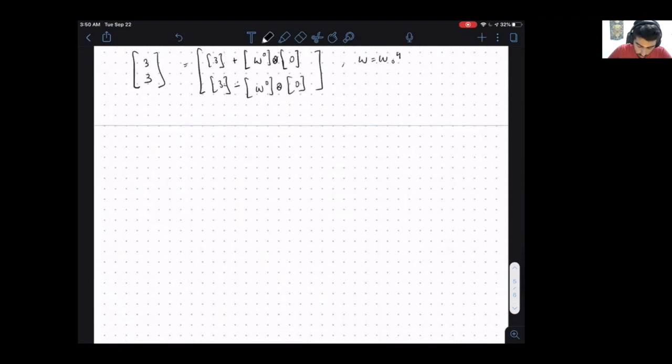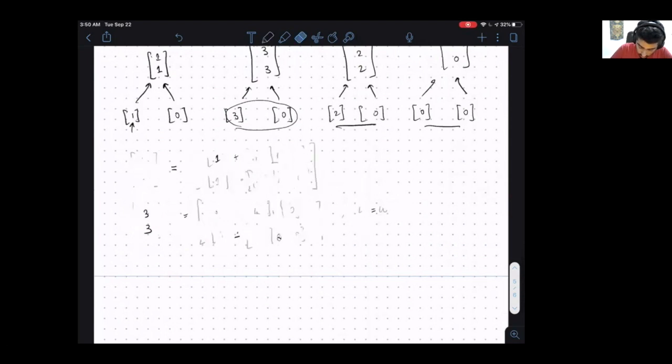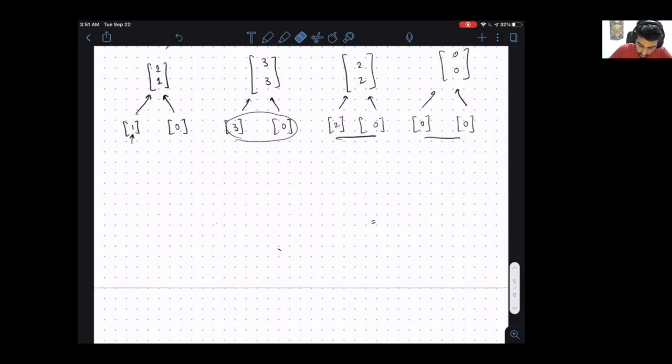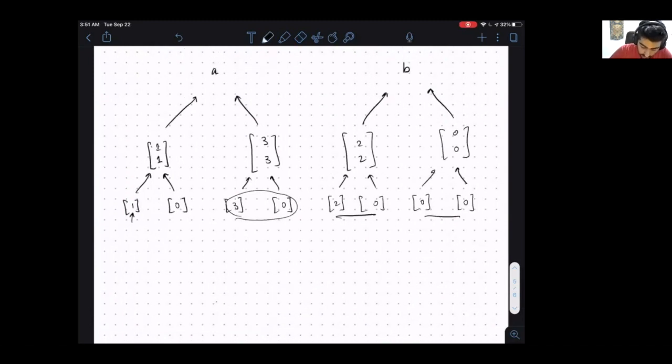I'm going to erase this because we've already gone through this, and I want to have this space right next to A and B so we can see what we're doing more clearly. Yeah, so for A, we know that we're combining 2 subproblems, each of length 2. So our resulting vector for A is going to have length 4. It's going to have 4 slots. And then we have to figure out what to put in those slots.